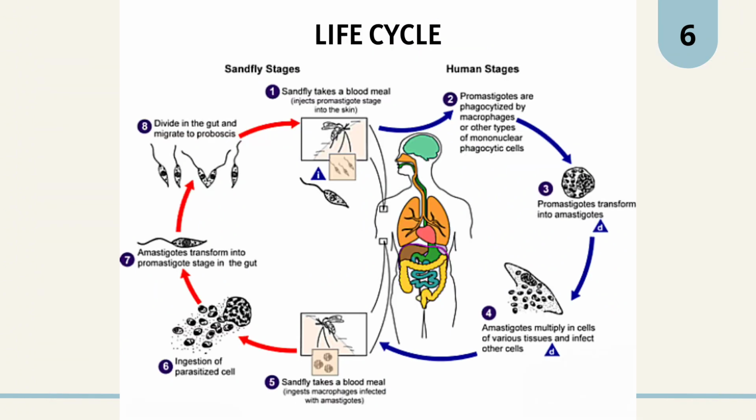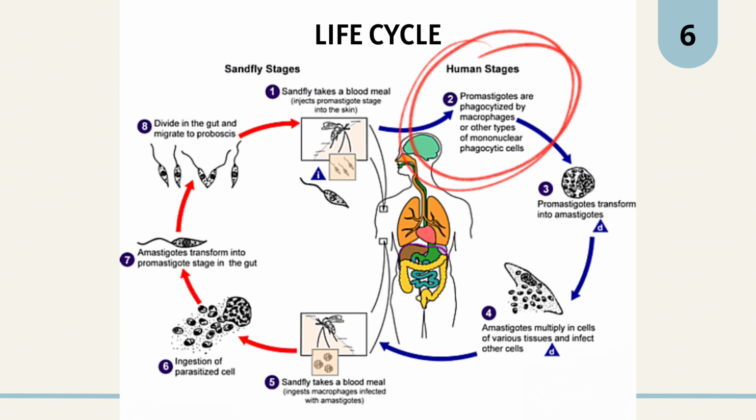Next, we have here the life cycle. The life cycle of Leishmania tropica involves two hosts, the sandfly vector and the mammalian host. The parasite is transmitted when an infected female sandfly takes a blood meal from a host, introducing promastigotes into the host skin.